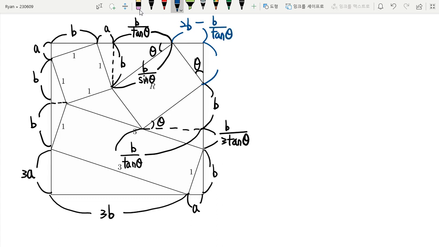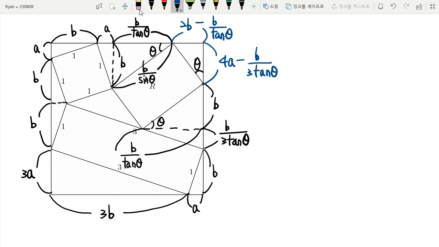That makes this length. And for the length of the other leg, 2b cancels.